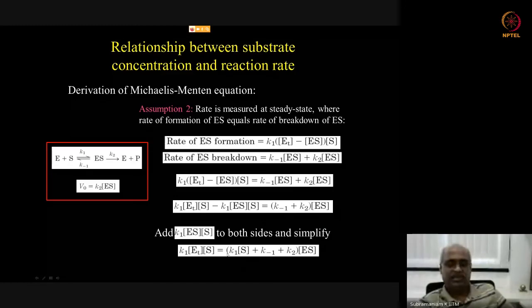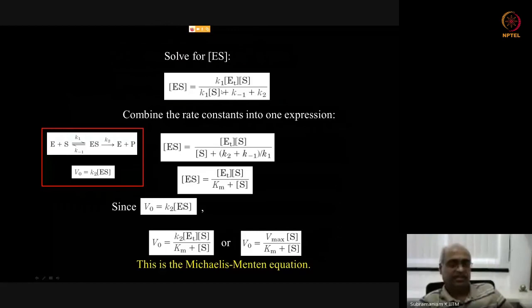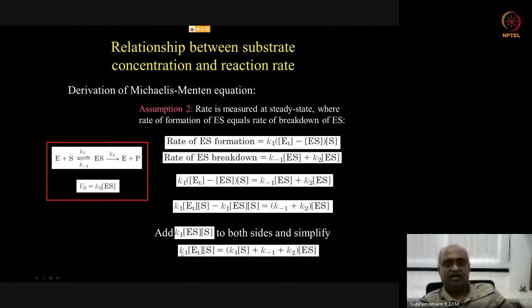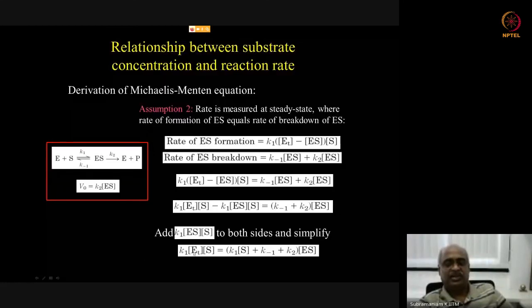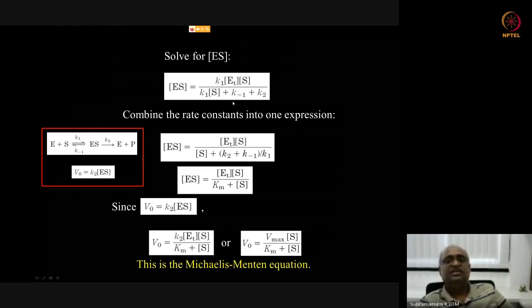When you do this to this side, it becomes just K1 ET S. And this side, if you add and then rearrange, you get this. Then you bring all these constants together and solve for ES, taking ES out. So it will be K1 ET S on this side, divided by this. Now you rearrange such that all the constants are together, then you get this equation.